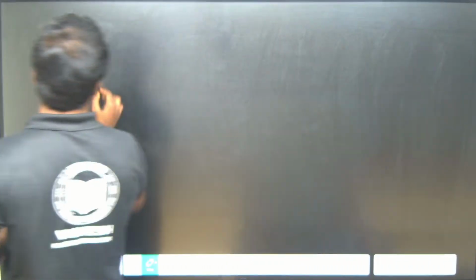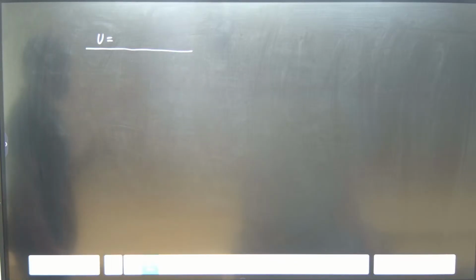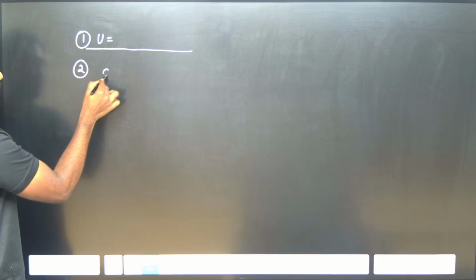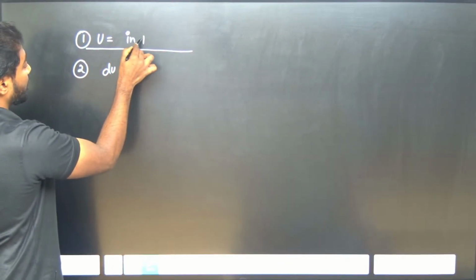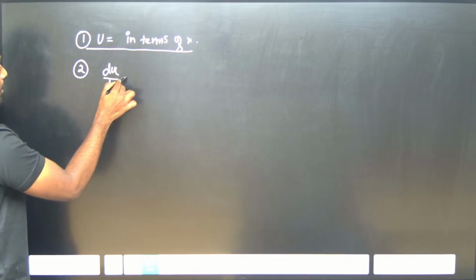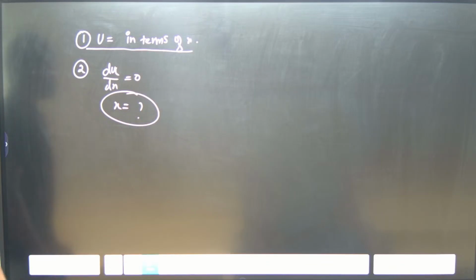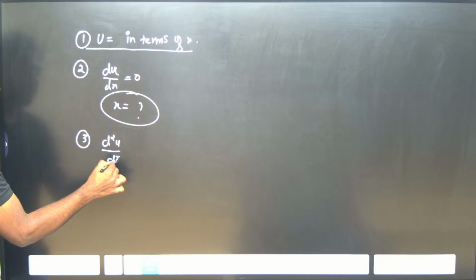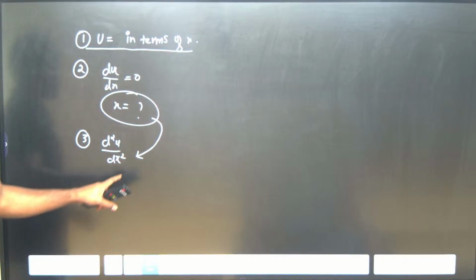First, the equation of potential U will be given. Second, suppose they have given it in terms of x. So I will do du by dx and equate it to 0 to get the x values. The third step, I will get d square u by dx square, and substitute the values here.